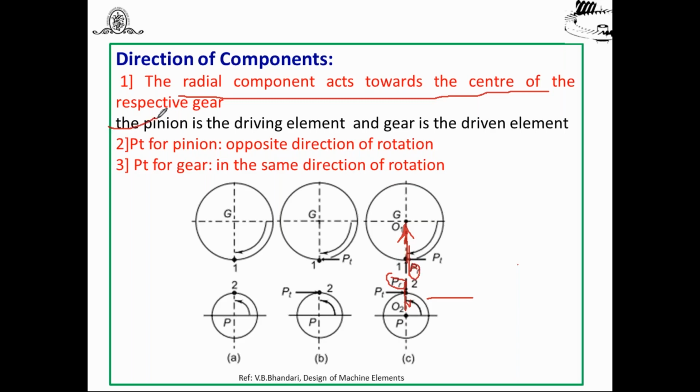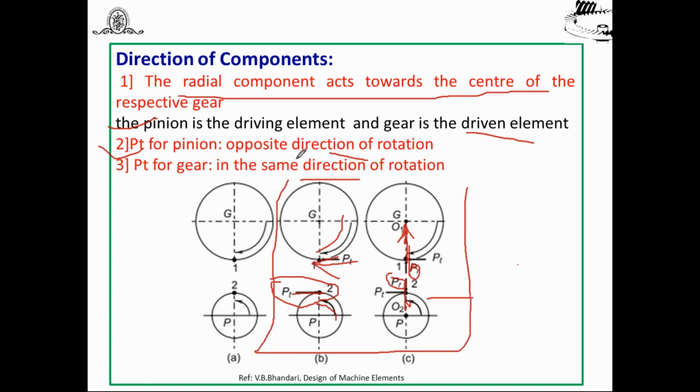Second, the pinion is the driving element and the gear is the driven member. Suppose the pinion is the driving element, as I have stated. Then PT for the pinion is opposite to the direction of rotation. Look, this is the pinion, which rotates in the anti-clockwise direction; the PT acts opposite to that at the pitch point. And PT for the gear is in the same direction of rotation. It rotates clockwise, so the PT acts clockwise. So you only have to remember these two things.